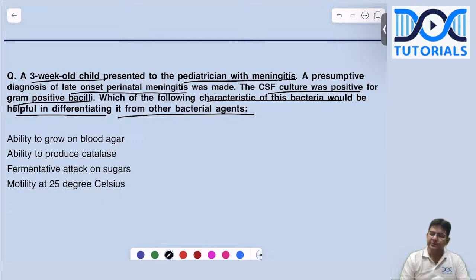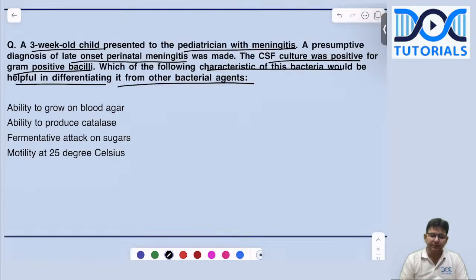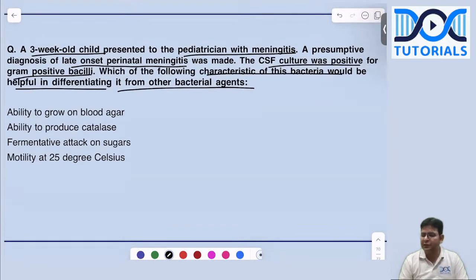Yes, please. Tell me. What is the answer of this particular question? Probably the last question here. Yes, please. Tell me. Waiting. Tell. B, you told: ability to produce catalase.